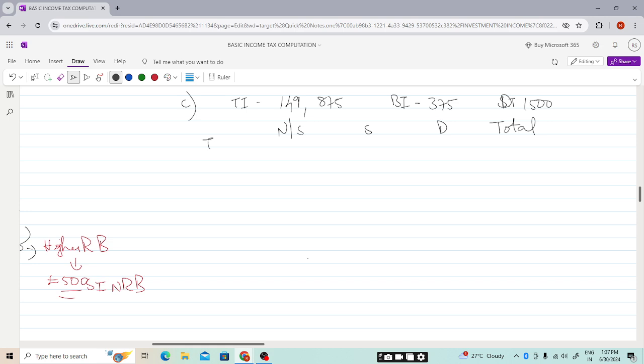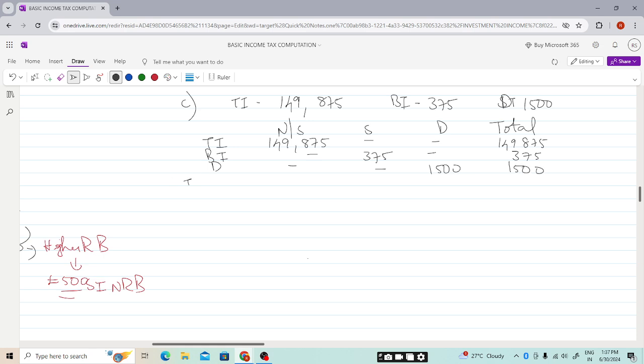So trading income falls under non-saving income, that is 149,875. Then bank interest will fall under the head of saving income, that is 375. Dividend income of 1500.